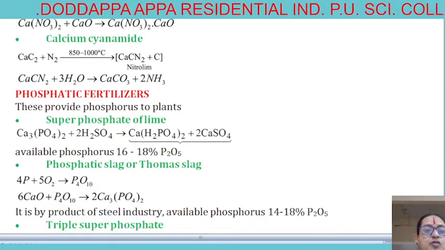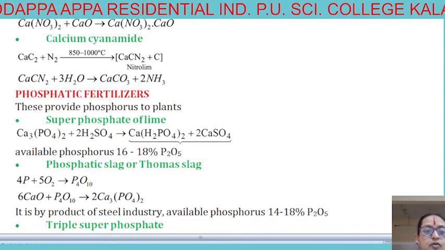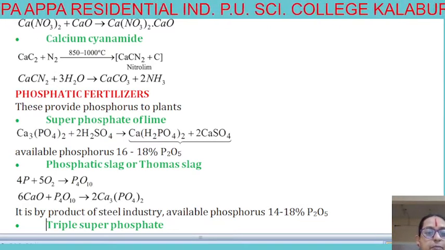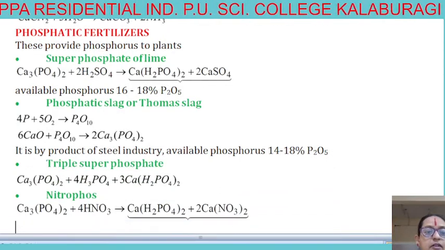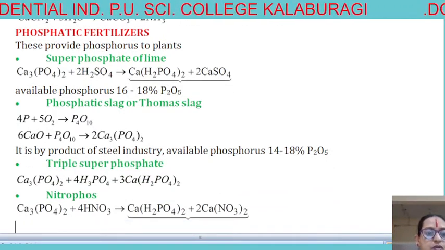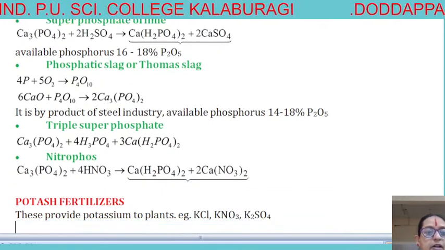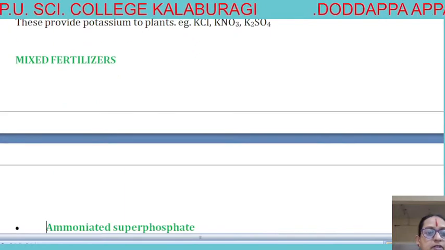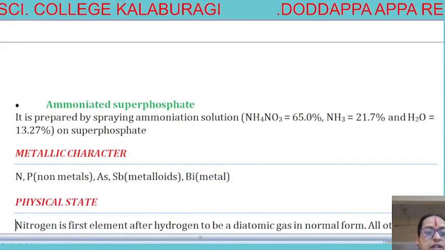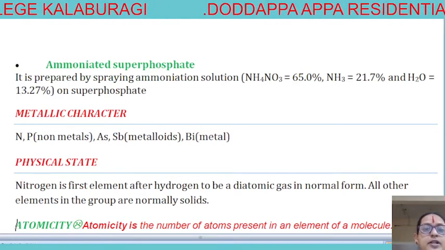Next are phosphatic fertilizers. Here calcium phosphate is treated with sulfuric acid to form superphosphate of lime. Next, phosphatic slag or Thomas slag can be used. Phosphorus treated with oxygen forms phosphorus pentoxide. After these fertilizers, let us look at one more fertilizer called ammoniated superphosphate.